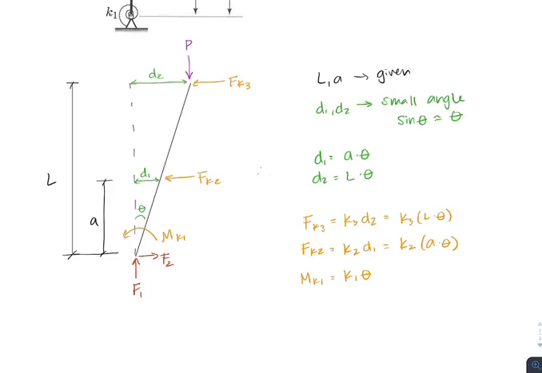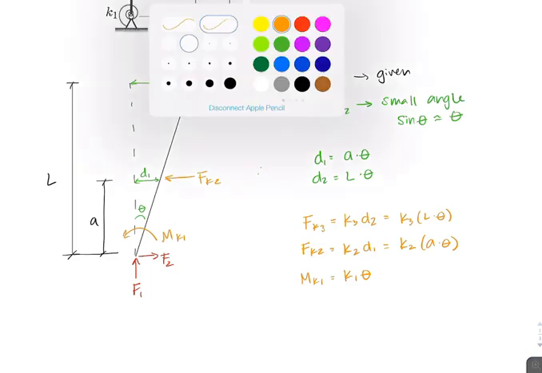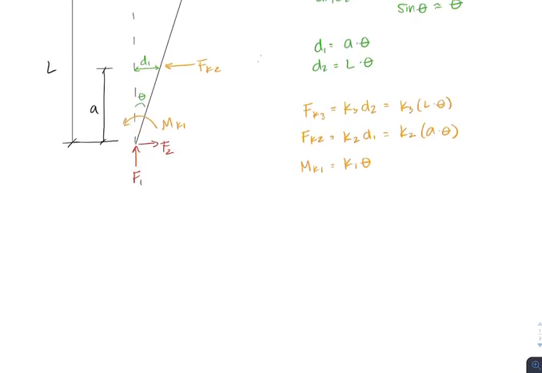So those are all of our forces and all of our distances. Now that we have all of those values, we can take moments about our pin support. So we can say the sum of the moments at the pin is equal to 0. I'm going to assume that clockwise is the positive direction for moments.